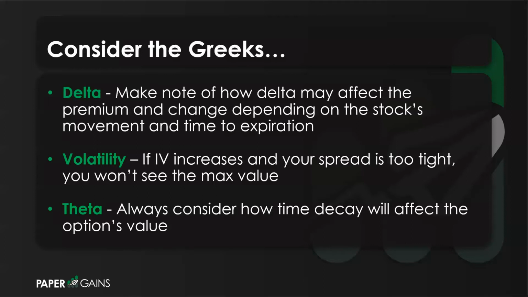Sometimes if you want to give it some extra time, you would normally just buy an option a little further dated. But if you do a $5 spread that's 6 months out, you're probably not going to see any profits for a really long time, because it needs time decay to start to kick in. Volatility too, because options get inflated one way or the other, it throws off what that max value ends up being.